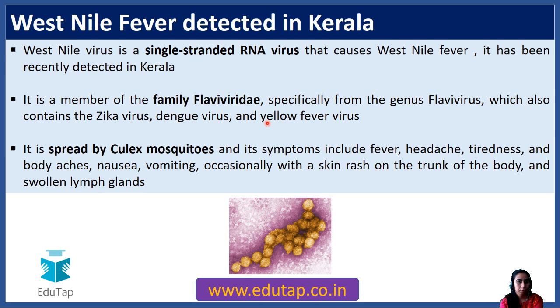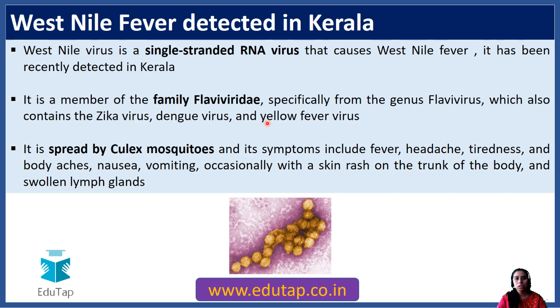So we have reached our last news of the section. This is about West Nile fever. See, there was the first ever case detected in Kerala of this West Nile fever, and that is why we are covering it here. So first let us see what this fever is. West Nile is actually a virus. It is considered a single-stranded virus, and it causes this fever.